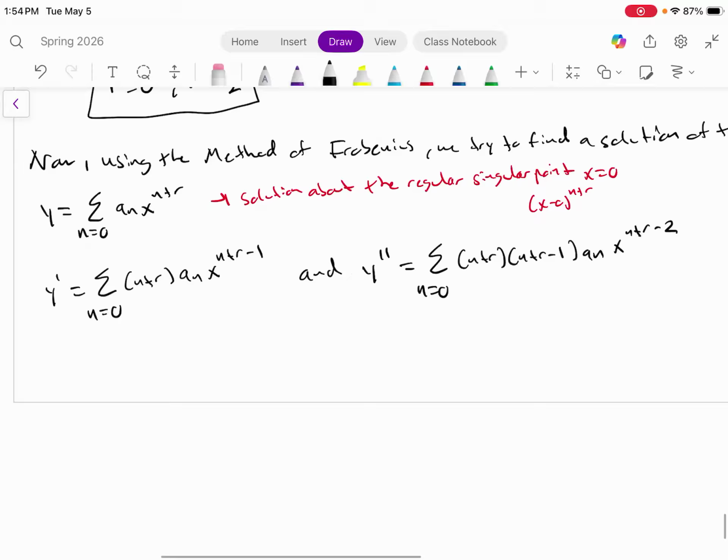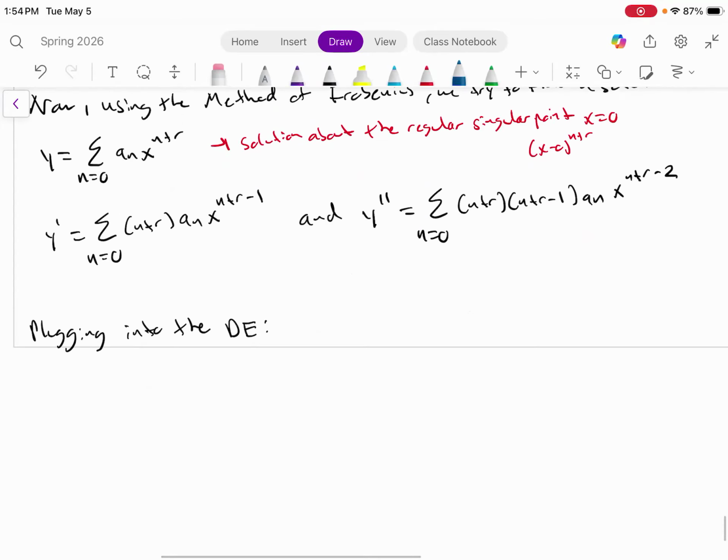Those are our y prime and y double prime. Now we're going to plug them into the differential equation. Our differential equation is 2x y double prime plus 1 plus x times y prime plus y equals 0.